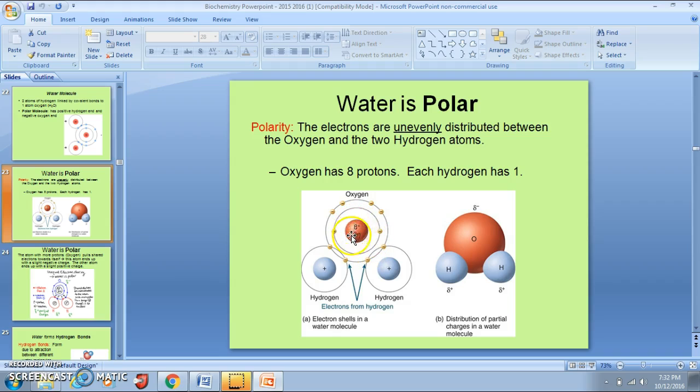Again, because oxygen has such a strong positive charge in its nucleus, it pulls the electrons within these covalent bonds tighter to itself and gets a partial negative charge, leaving the hydrogens with a partial or slight positive charge. This little S symbol that you see in front of the charges just means slight or partial.